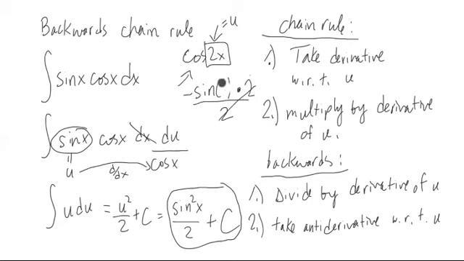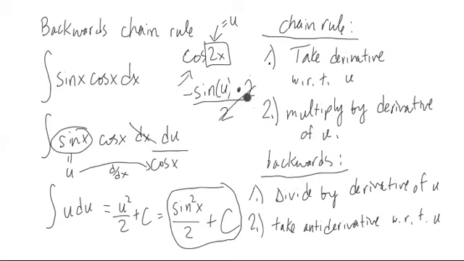And the antiderivative of negative sine of u is just cosine of u, when we replace the 2x back. So cosine of 2x, as desired. So the antiderivative of negative sine of 2x times 2 ends up being cosine 2x. And what we did is we basically just did the chain rule completely backwards.